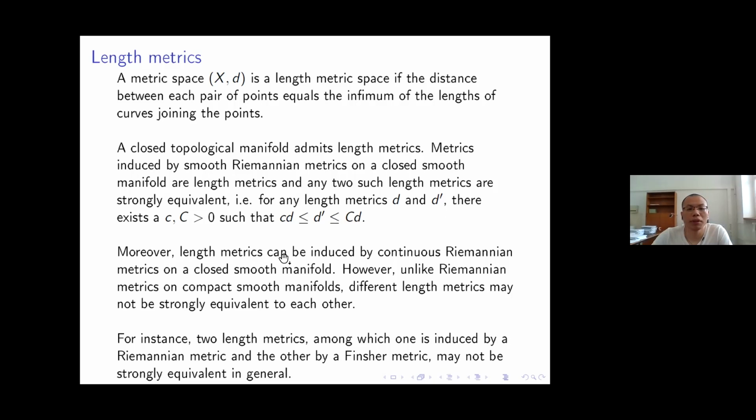Moreover, a length metric can be induced by a continuous Riemannian metric on a closed smooth manifold. However, unlike Riemannian metrics on compact smooth manifolds, different length metrics may not be strongly equivalent to each other. For instance, if one metric is induced by a Finsler metric and the other is induced by a Riemannian metric, then they may not be strongly equivalent in general.